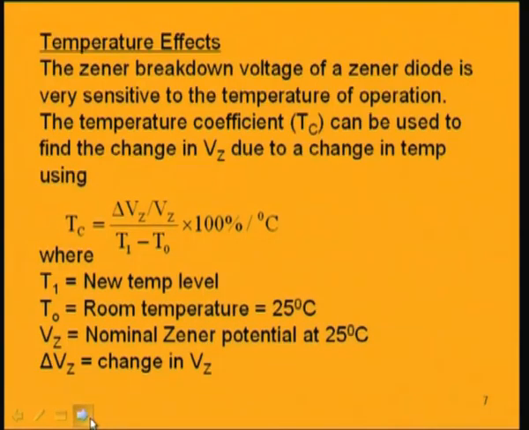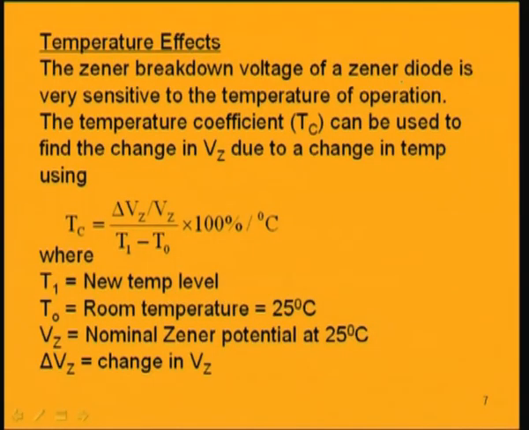Now, the Zener voltage or the breakdown voltage is sensitive to temperature also. So, the temperature at which you are operating the Zener diode has an effect on the breakdown voltage. That effect is generally expressed by temperature coefficient Tc, and this temperature coefficient is used to find the change in the Zener voltage Vz or breakdown voltage Vz, which arises due to a change in the temperature of operation.